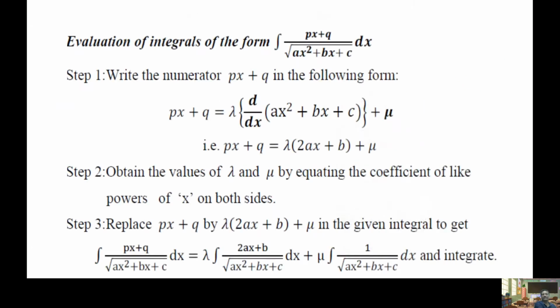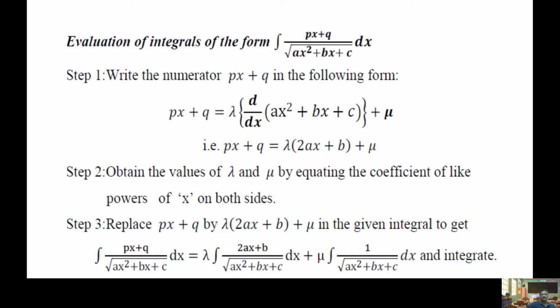Now evaluation of integrals of the form linear by root of quadratic. Same as previous, only the numerator is equal to lambda into the derivative of the denominator plus mu. So you get the lambda and mu values by equating the coefficient of x and the constant term.